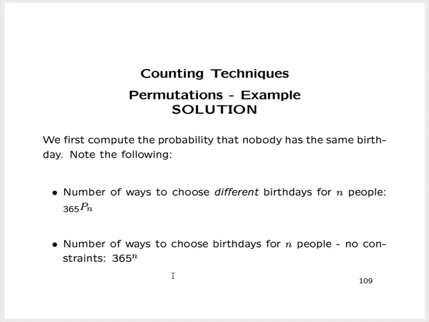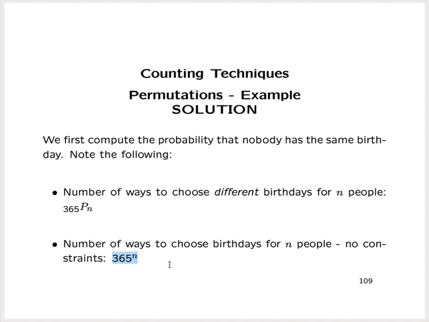In addition, the total number of ways to choose birthdays for n people without any constraints, allowing birthdays to be different or the same, is 365 raised to the nth power.